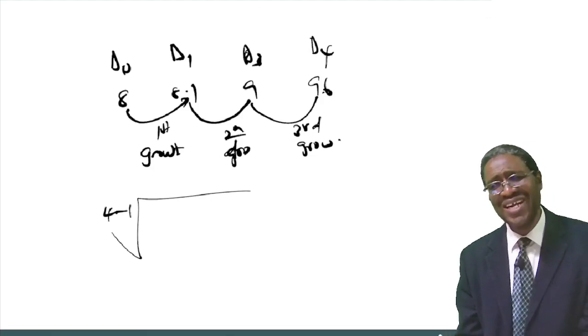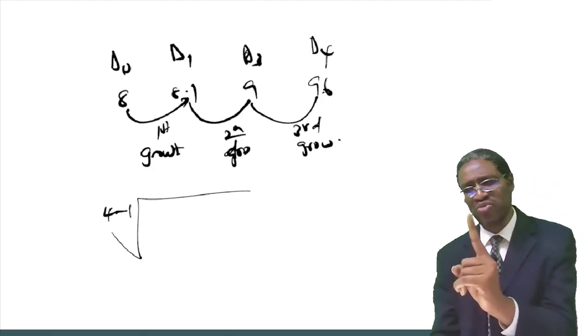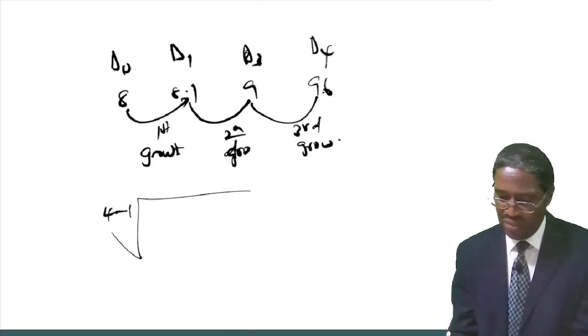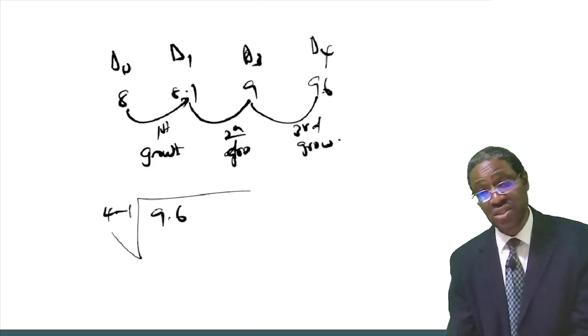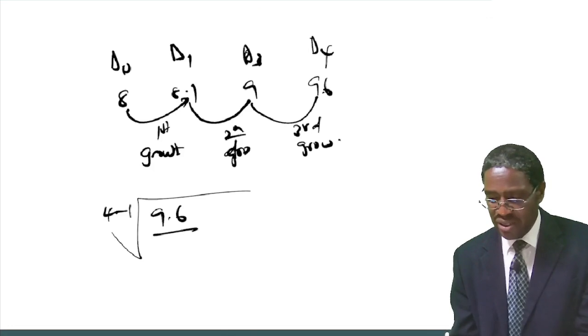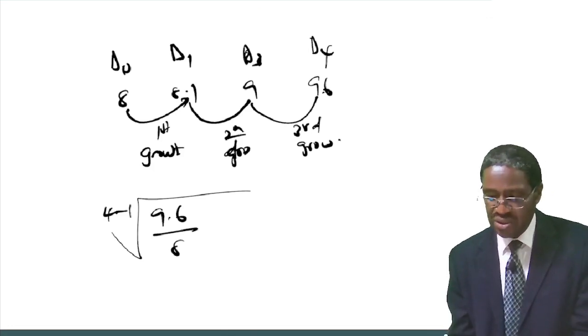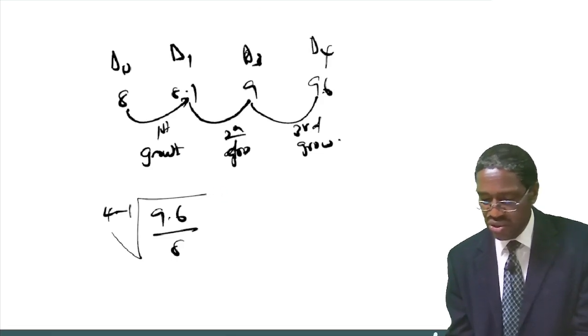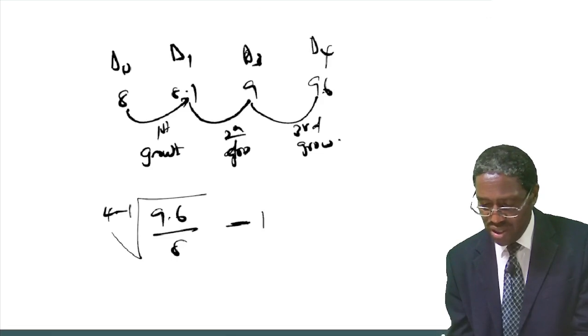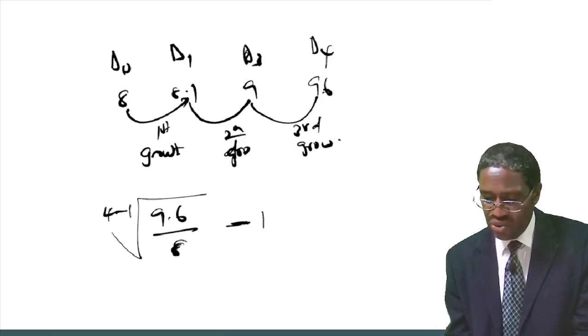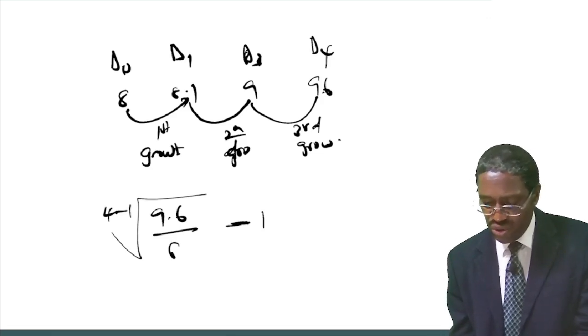Then you take the latest dividend, Dn, which is 9.6, and divide it by the first dividend, which is 8. Whatever you get, you subtract 1. That will give you the rate of growth.